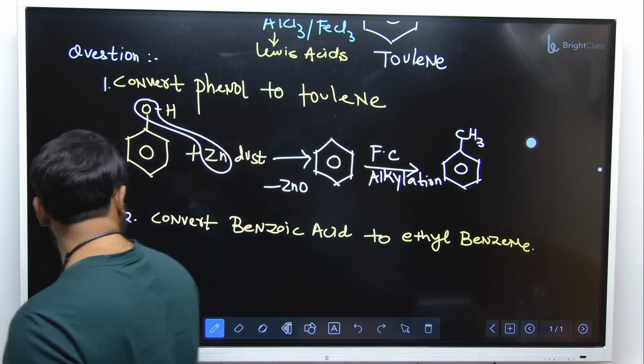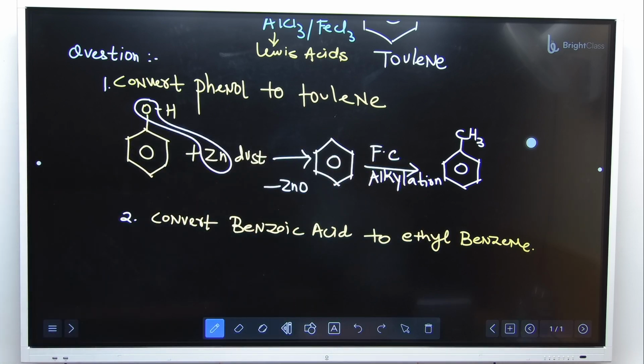Guys, try this one now. Please convert benzoic acid to ethyl benzene. See, toluene was methyl benzene. Now you have to get ethyl benzene. Everyone give a try.